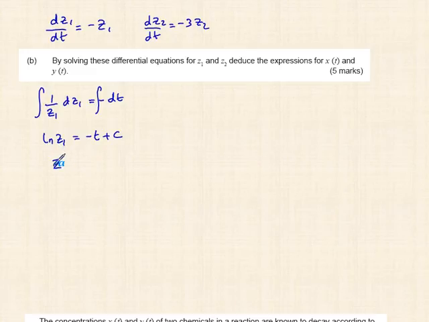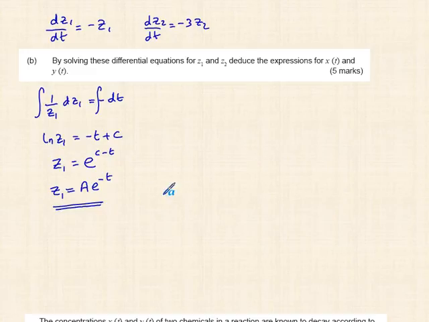We could take exponentials of both sides, so z1 would be e to the c minus t. And then e to the c could just be written as another constant, so z1 is a e to the negative t.